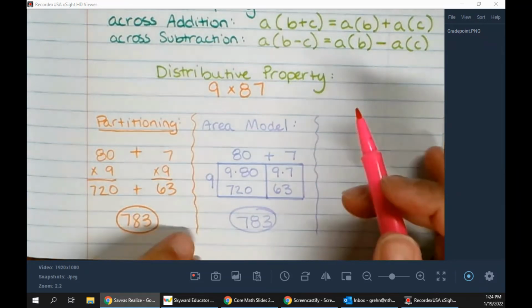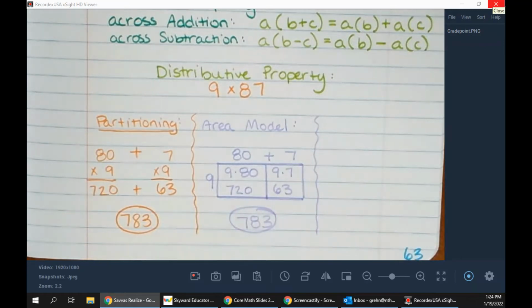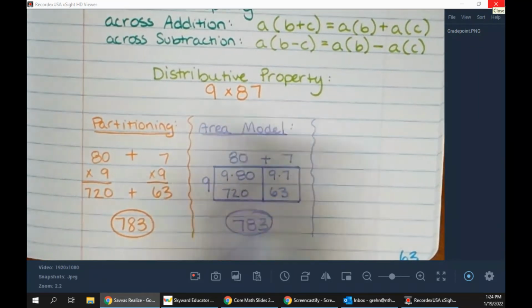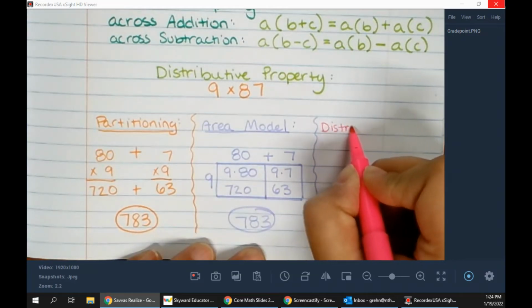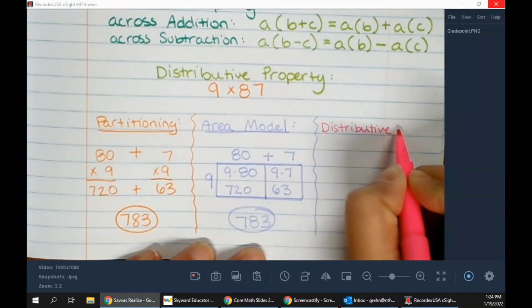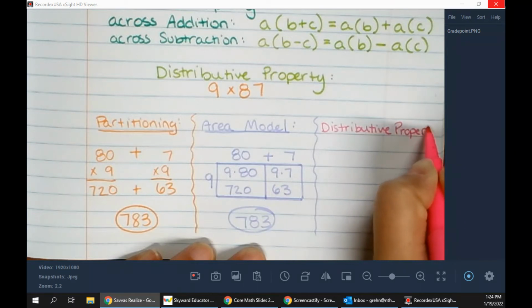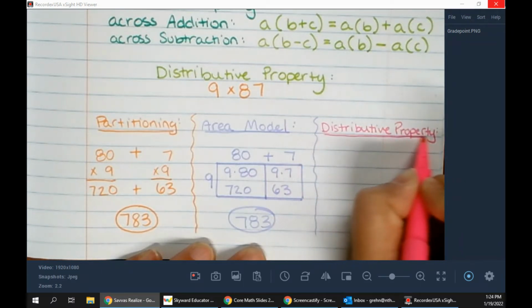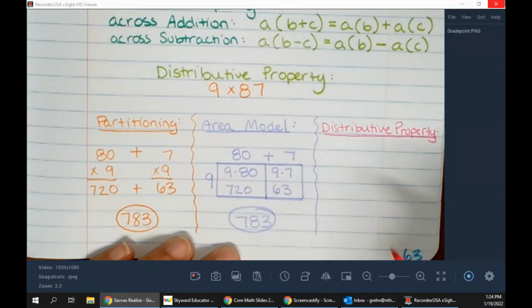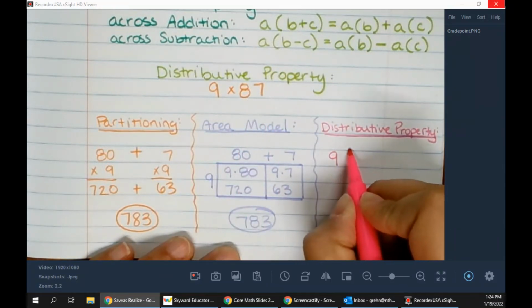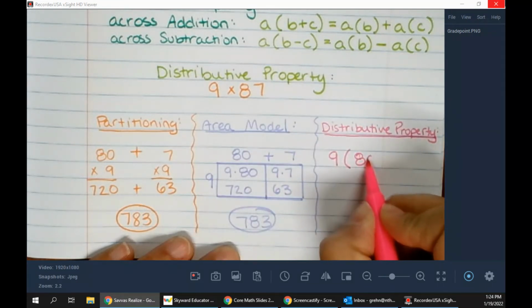And then lastly, we're going to use the distributive property. So the distributive property we'll put over here. I'm going to take 9 times 87, and again, I'm going to break apart 87 into easier numbers.